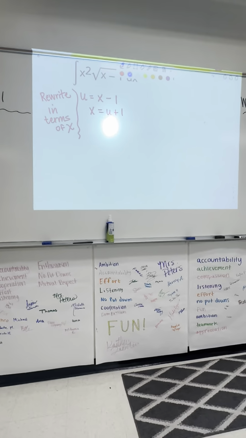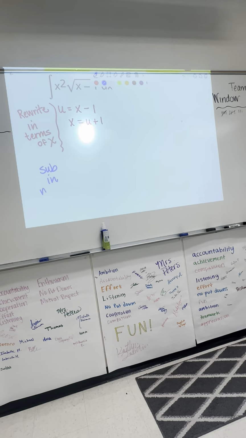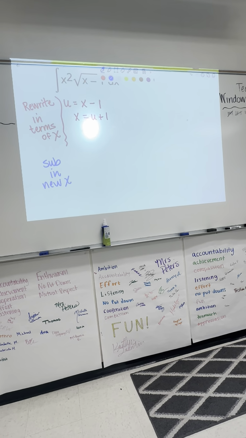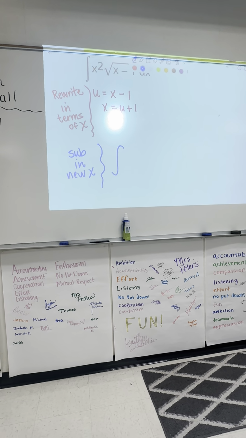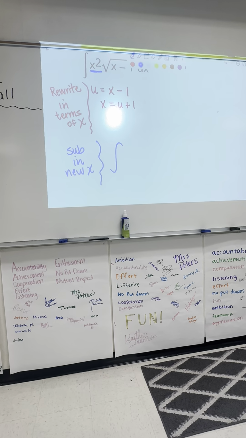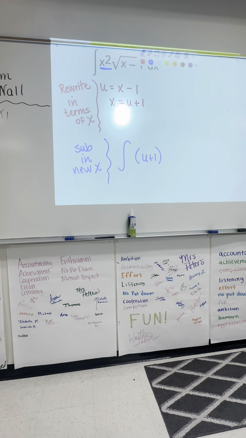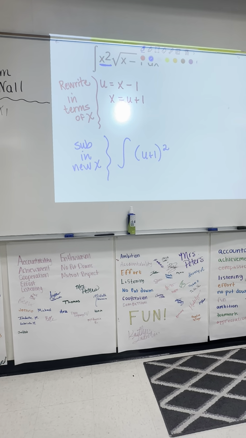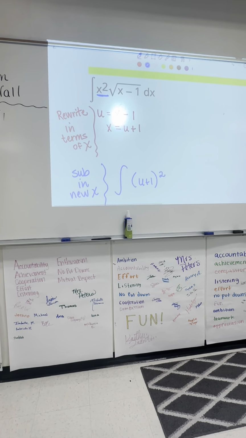Okay, gonna sub in my new x, okay? This time, I have an x squared, so I'm gonna do this. u plus 1 squared. Okay? And then square root of what? u.